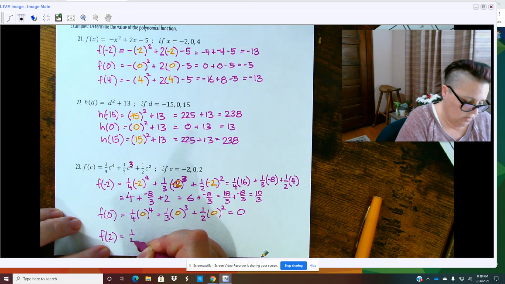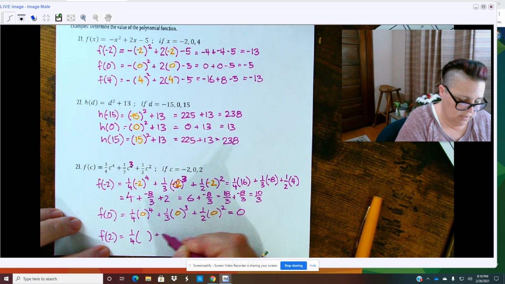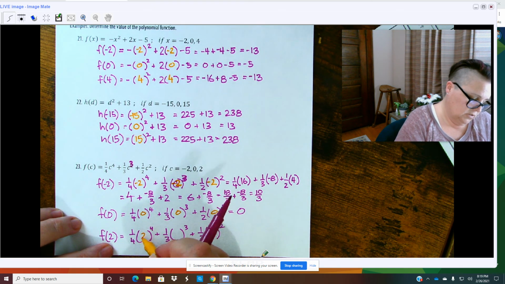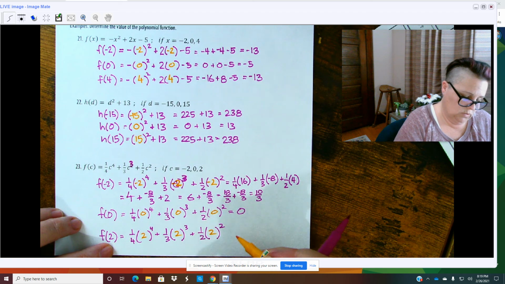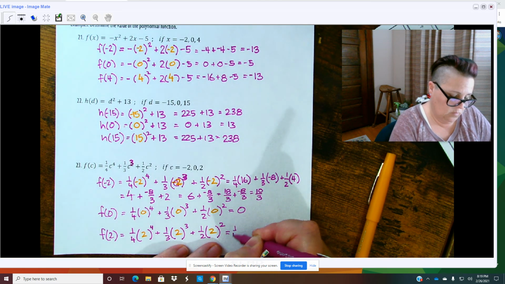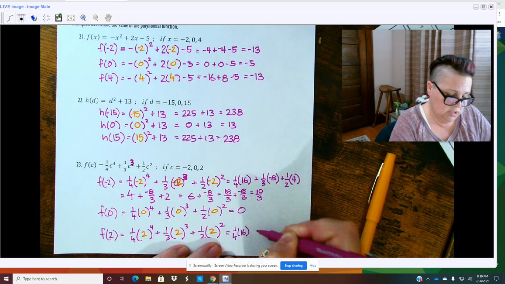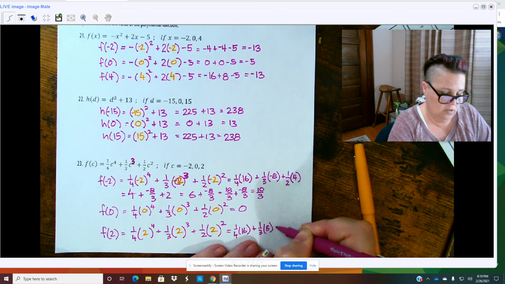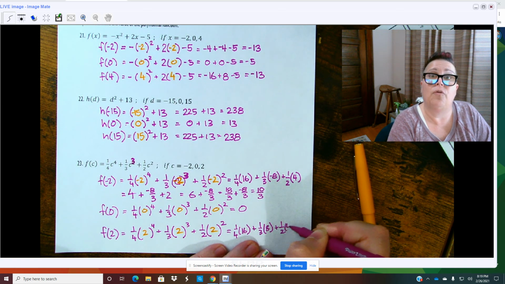So that's going to be a 1/4 of 2 to the 4th plus 1/3 of 2 to the 3rd plus 1/2 of 2 to the 2nd. So 2, 2, 2. That's going to give me a 1/4 of 16 again, plus 1/3 of 8, plus 1/2 of 4.